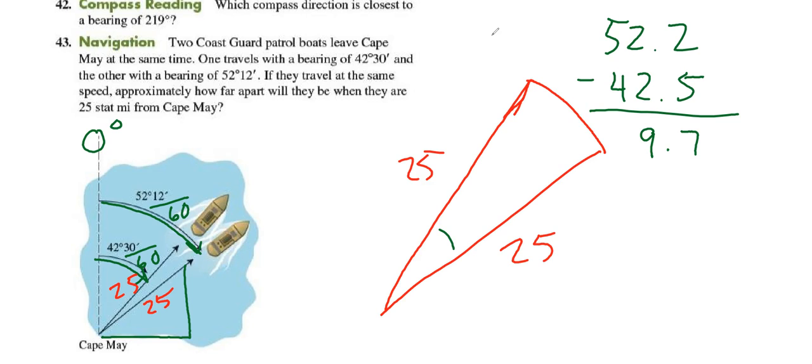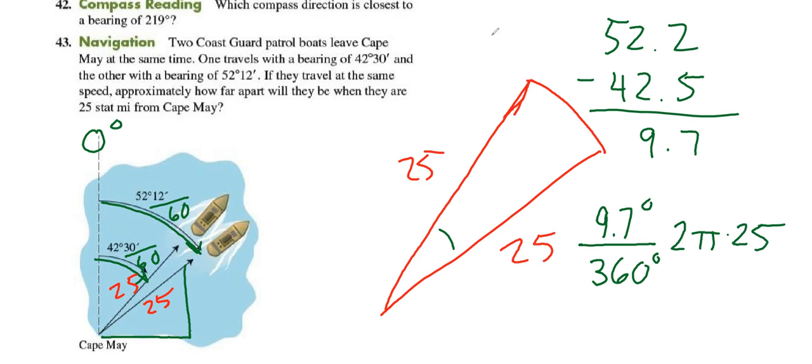Now, if we do part over whole, the part of the circle that we're dealing with is 9.7 degrees. The whole circle in degrees is 360 degrees times 2 times pi times 25, the radius.